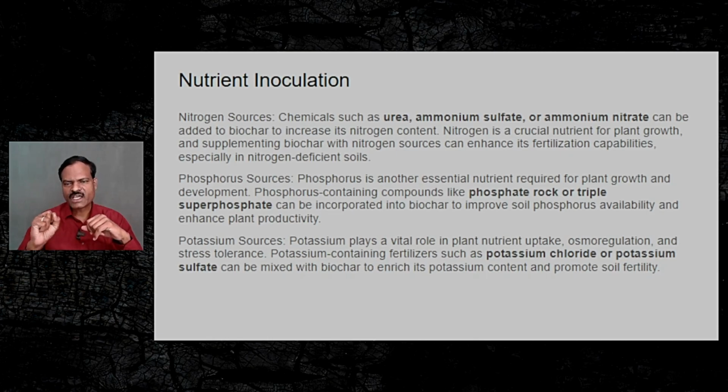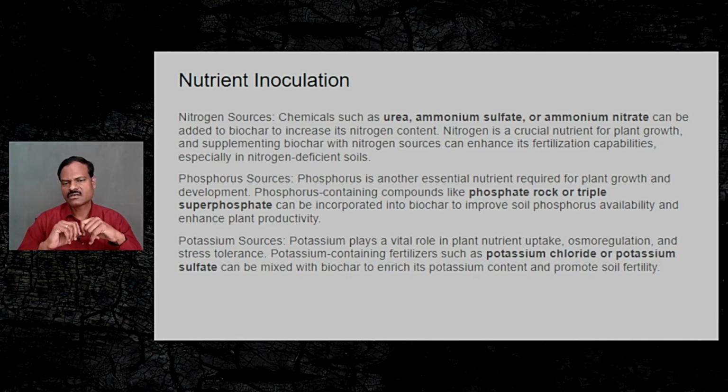Chemicals such as urea, ammonium sulfate or ammonium nitrate can be added to biochar to increase its nitrogen content. Nitrogen is a crucial nutrient for plant growth, and supplementing biochar with nitrogen sources can enhance its fertilization capabilities, especially in nitrogen deficient soils.